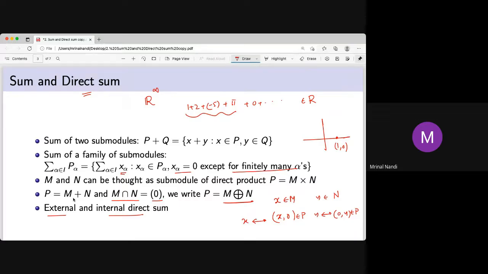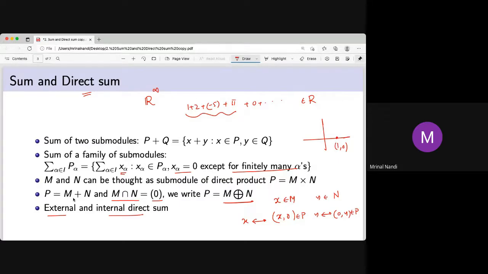So actually the internal direct sum is like two submodules being added. The external direct sum is the same as the external direct product. External direct sum and external direct product are synonymous. Right? The external direct product is something like there are two different sets, and now we are adding them through a common platform, after identification.